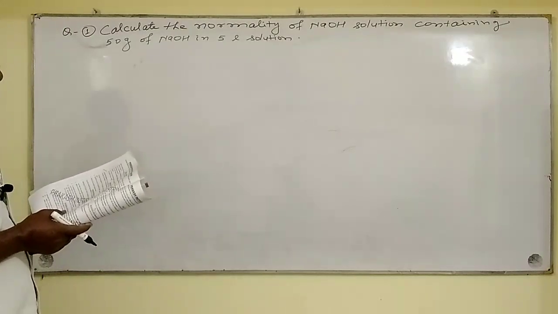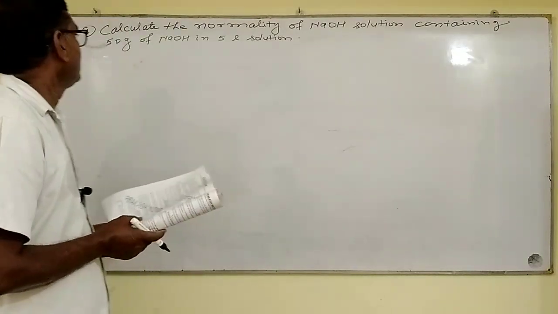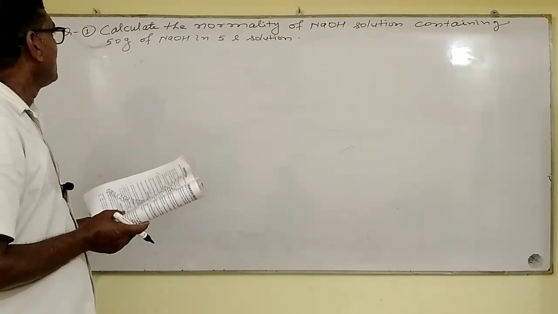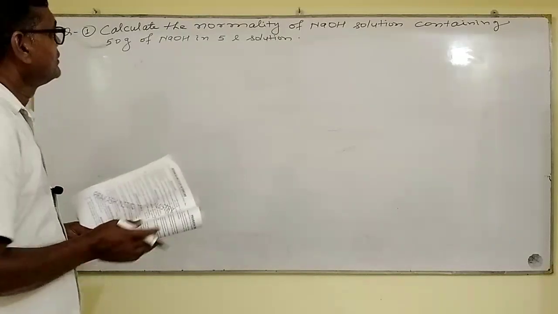Question is: calculate the normality of NaOH solution containing 50 gram of NaOH in 5 liter solution.